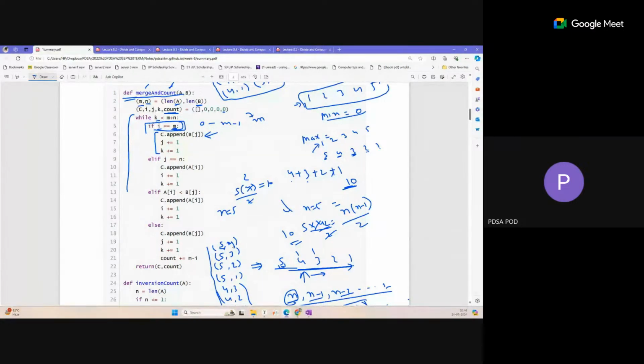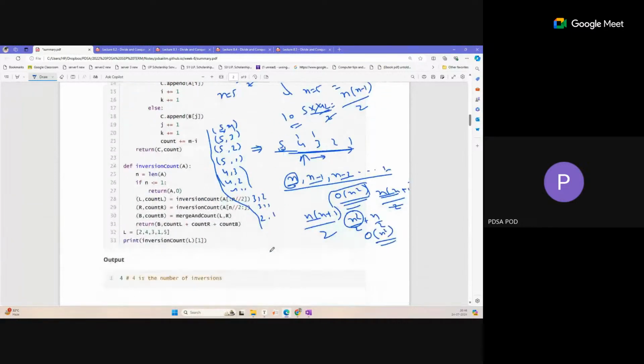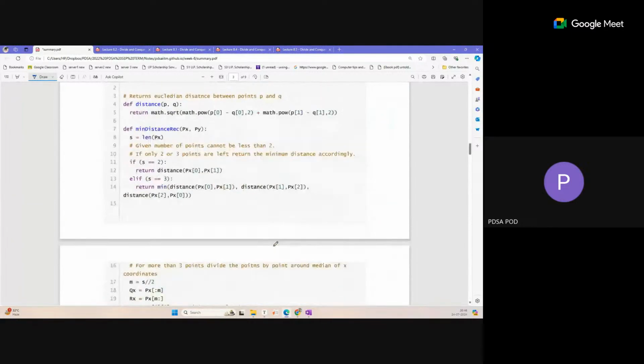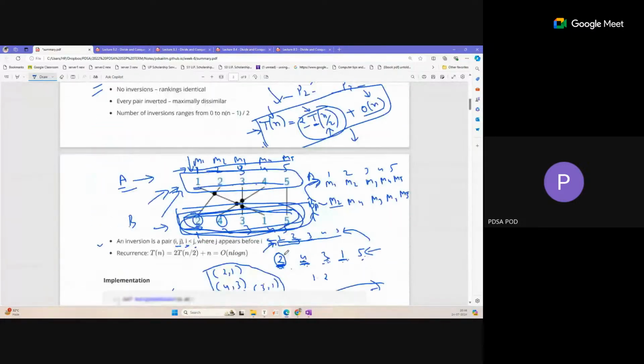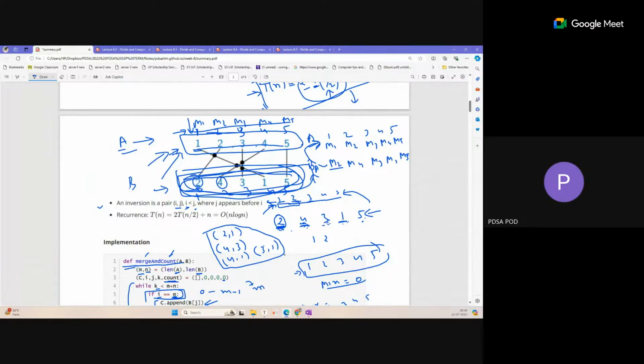This is nothing new. And if our J reaches the end, that means our B list is completed. What does completed mean? Suppose our A list is 1, 2, 3, 4, and our B list is 5, 6, 7, 8, and we are merging these two. Our I will point to 1 and J will point to 5.